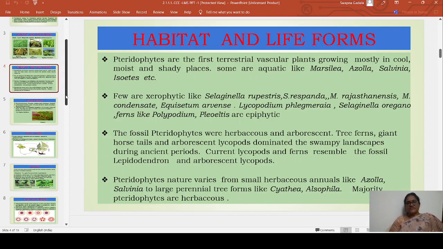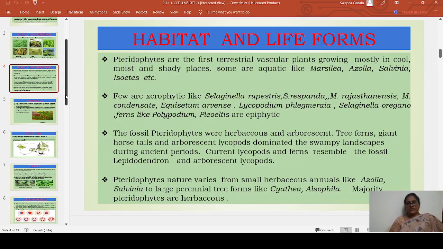A few species are xerophytic, like Selaginella rupestris, Marsilea rajasthanensis and Equisetum arvense. And a few genera are epiphytic in nature, for example Selaginella oregana and Lycopodium phlegmaria. So these are epiphytic.